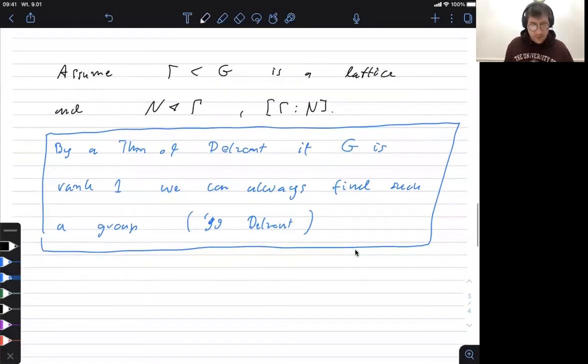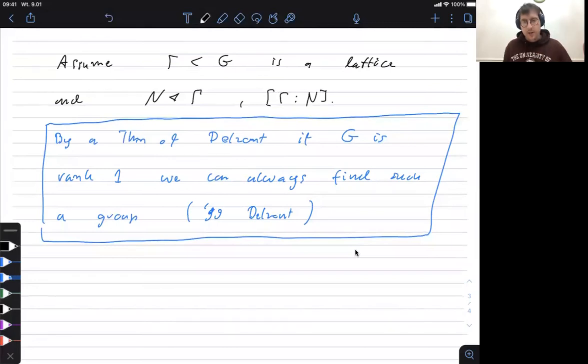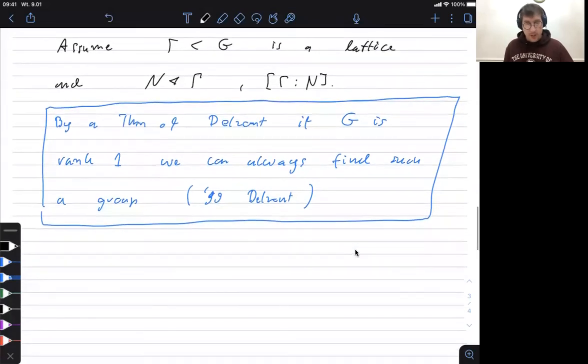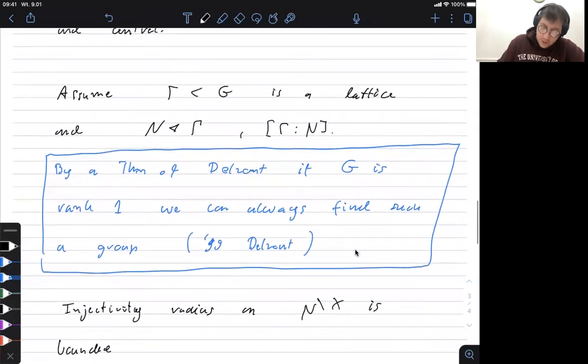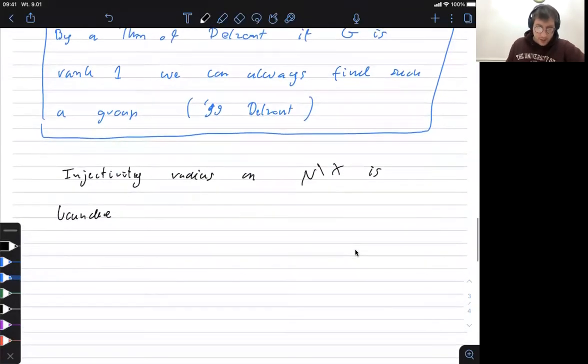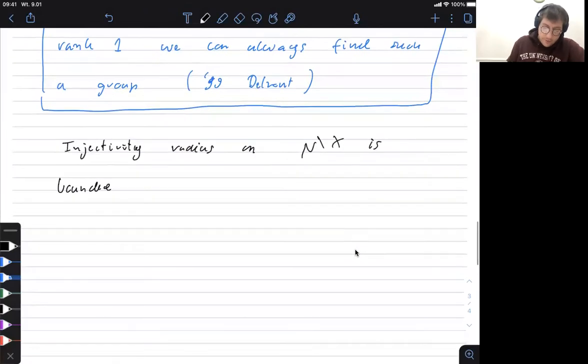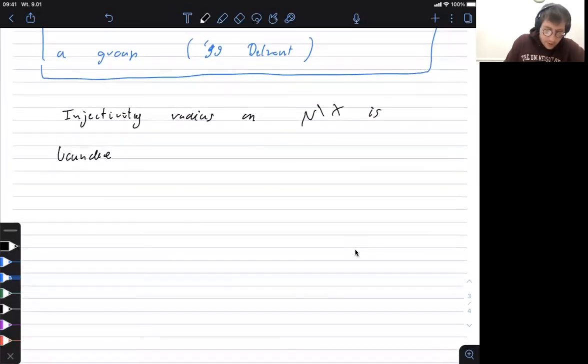Okay, but back to the main topic. When I have such an infinite index normal subgroup N, it turns out that the injectivity radius on the space X mod N is always bounded. So to make the proof easier, let me assume that gamma is a co-compact lattice. Right, so why is this true? So let's see. I will introduce a new piece of notation.